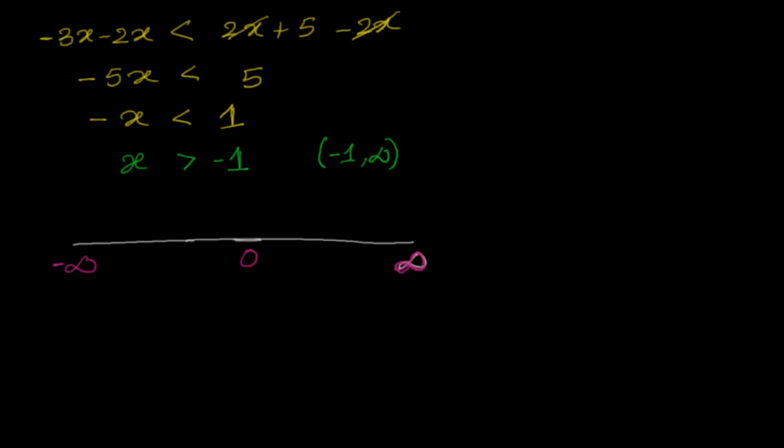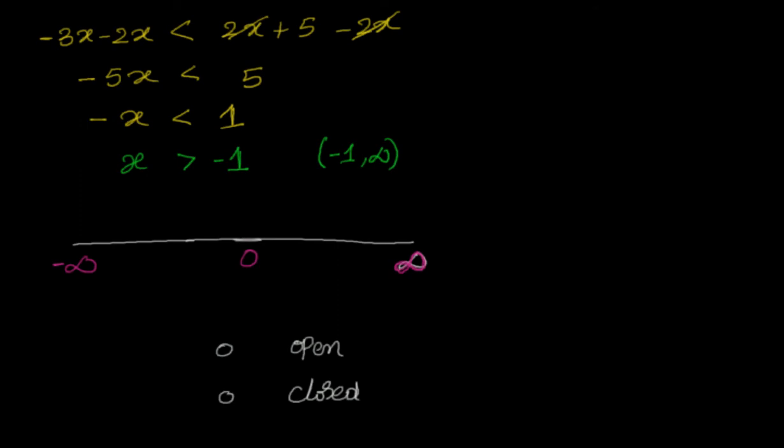Our solution is x greater than minus 1, and minus 1 is not included. Remember, whenever it is an open interval or a closed interval, how do we denote it?